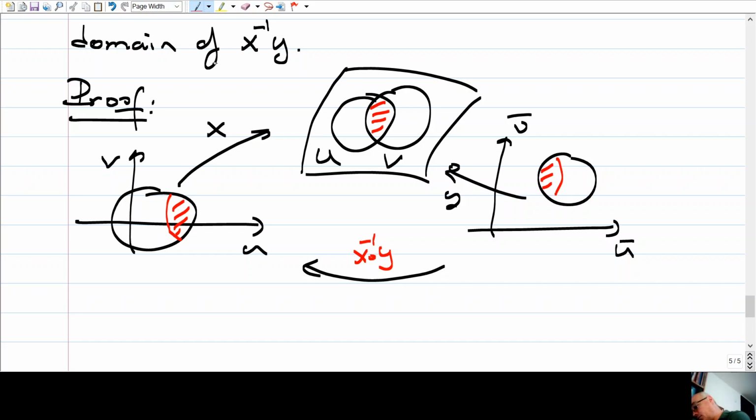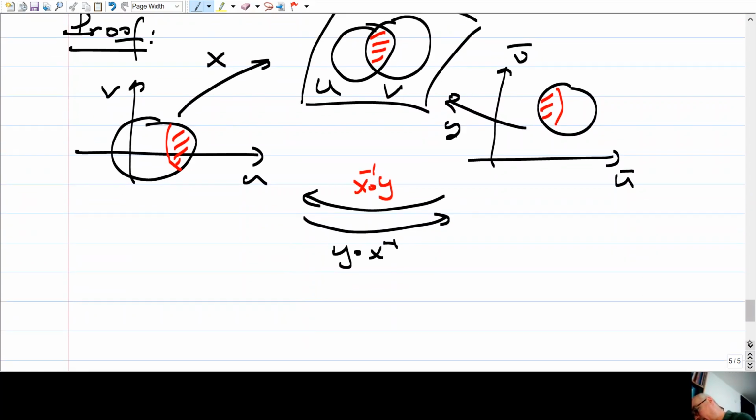Well, this composition is defined on an open set in the u bar v bar plane, and it takes values in the uv plane, and its inverse Y inverse composition X is given in the other direction.